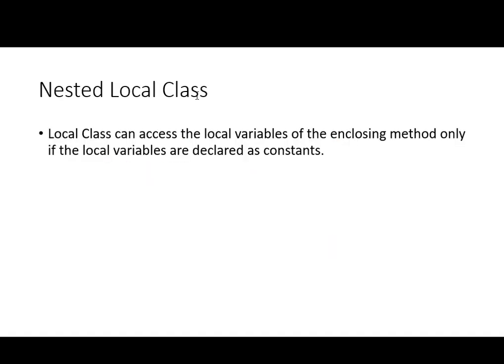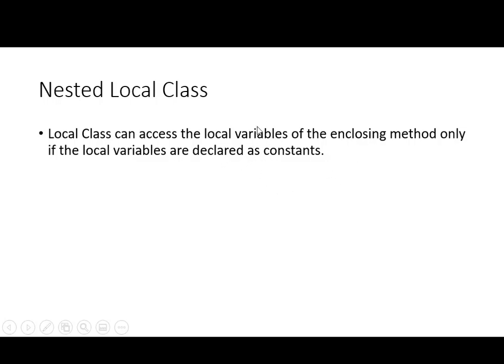Now we're going to talk about local classes. So local classes can also be nested. Okay, and by the name local, it means that a local class can access the local variables of the enclosing method only if the local variables are declared as constant.